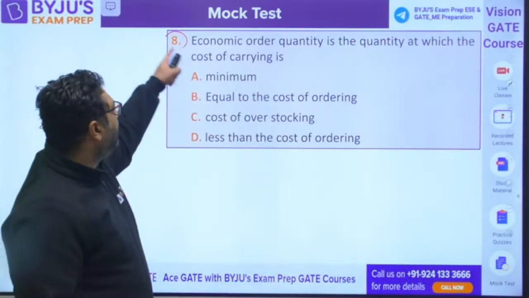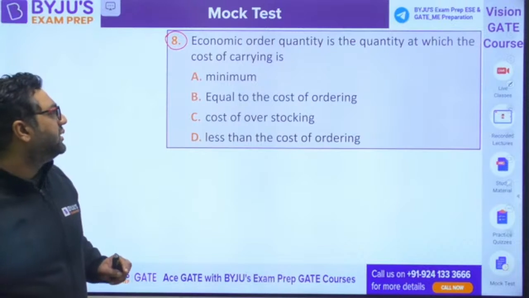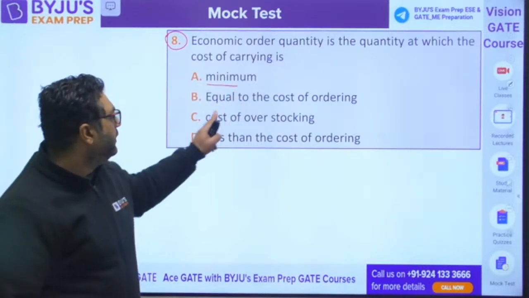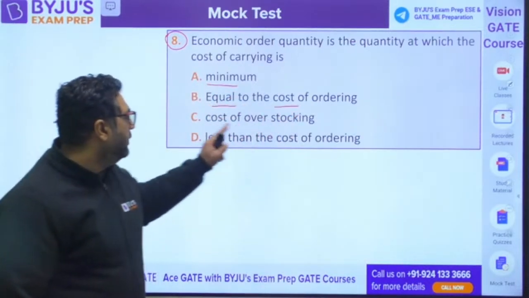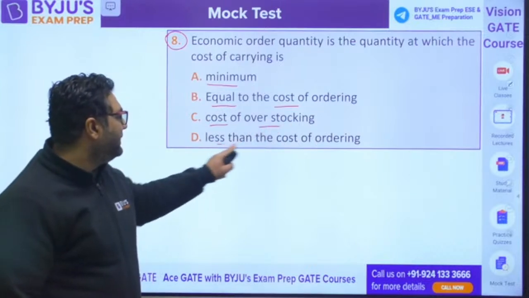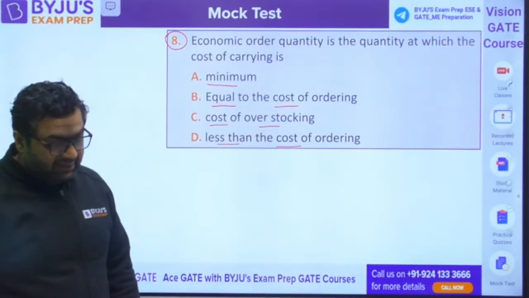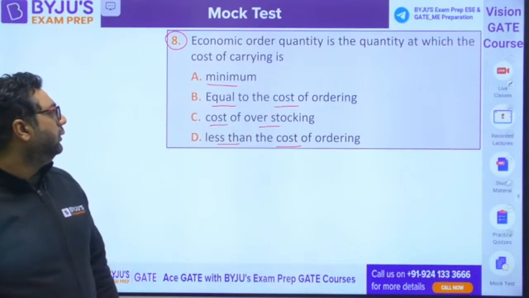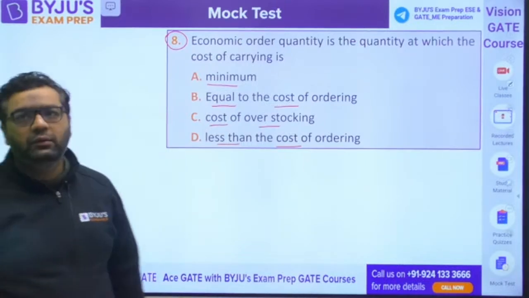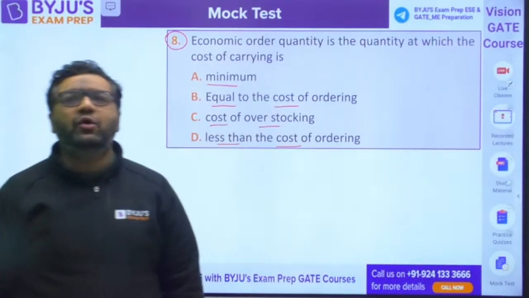Economic order quantity is the quantity at which the cost of carrying is minimum, equal to the cost of ordering, cost of overstocking, less than the cost of ordering. Yes. Tell me question number 8 the answer. When you get economic order quantity.